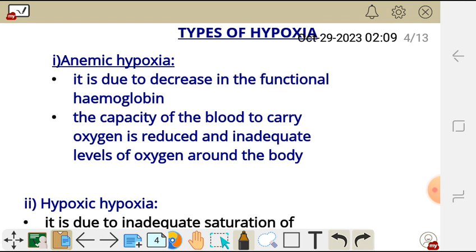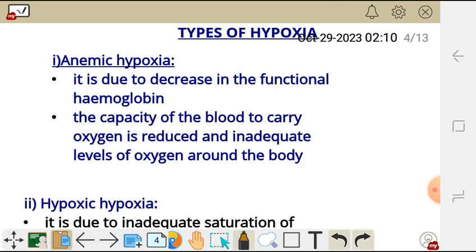The capacity of blood to carry oxygen is reduced, and we have inadequate levels of oxygen around the body. Why? Because the capacity of blood to carry oxygen is reduced due to decrease in the functional hemoglobin.